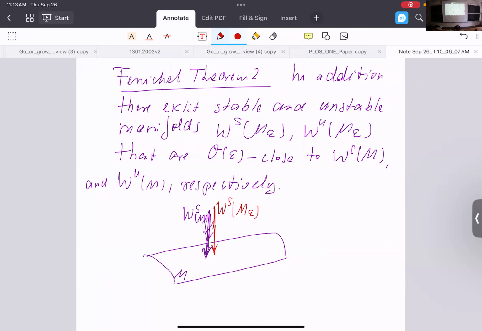In my graph, M epsilon was a little bit underneath. Oh, this is not so easy to plot. So Fenichel 1 says these manifolds M and M epsilon are close, and Fenichel 2 says that also the approach is close. And this is exactly what we did. Nice.